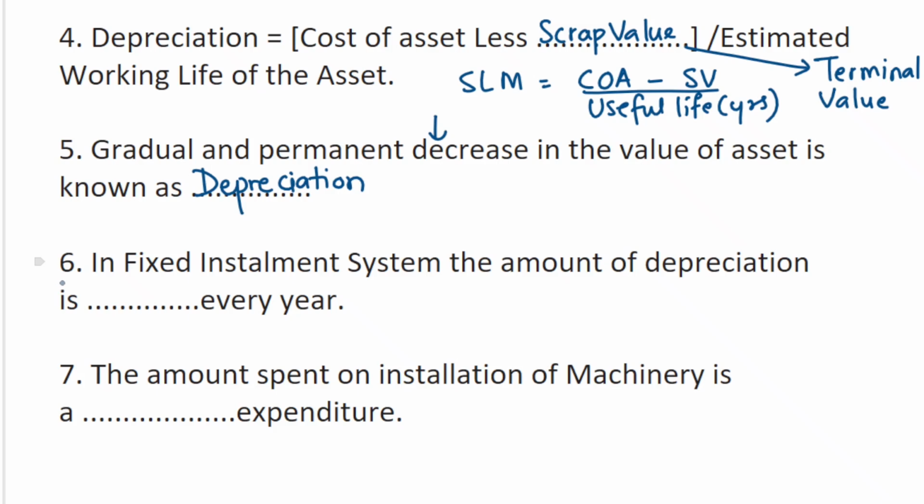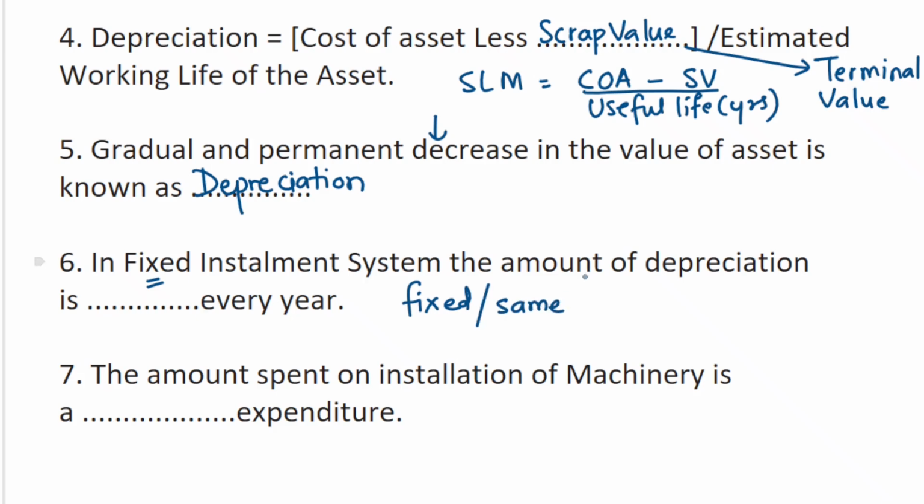Next question, question 6. In fixed installment system, the amount of depreciation is dash every year. Now the answer is in question itself, right? Fixed installment method. So the depreciation is fixed. You can write fixed or same depreciation every year.